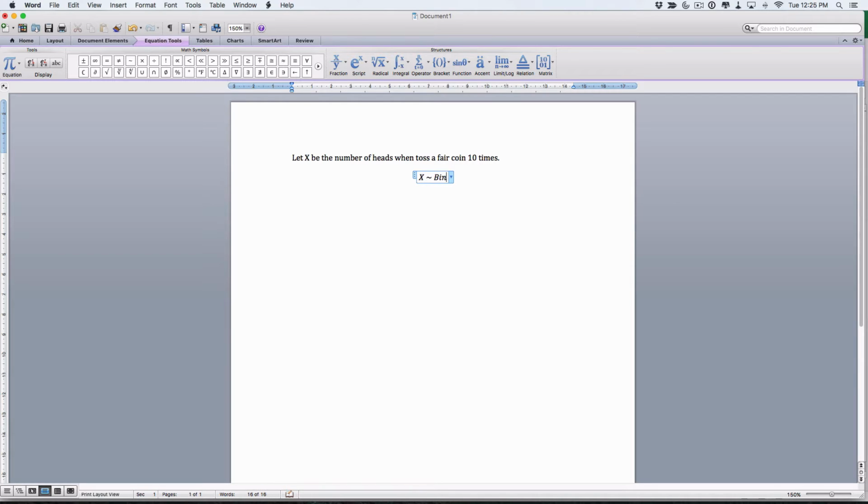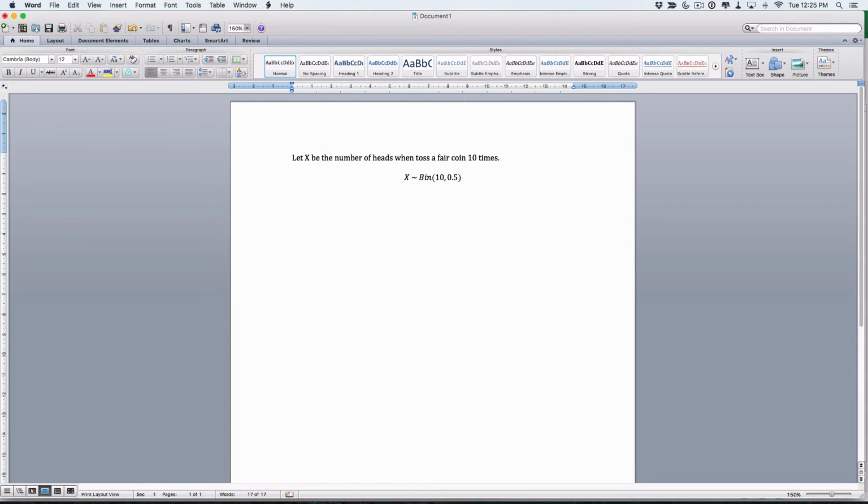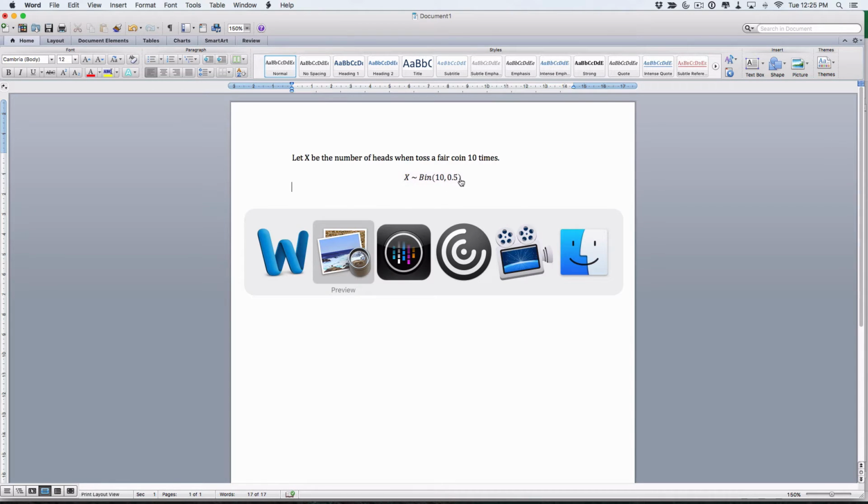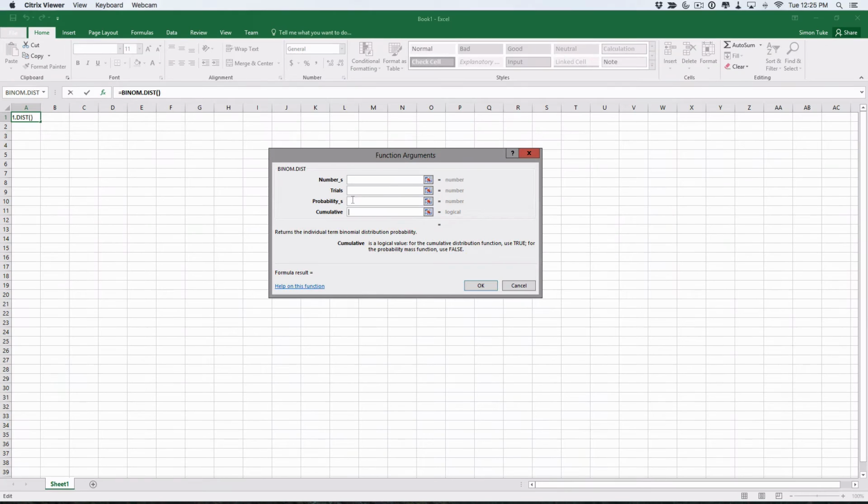It's binomial, and a binomial needs 2 parameters to identify it. We need to know the number of trials. In this case, we're told 10 because we're tossing the coin 10 times. We also need to know the probability of success. What's the probability, if I toss a coin, of getting a head? It's a half, so just put 0.5. So there we are, that is our distribution. Already we have 2 of the numbers to put in our dialog box: the probability, which is 0.5, and the number of trials, which is 10.